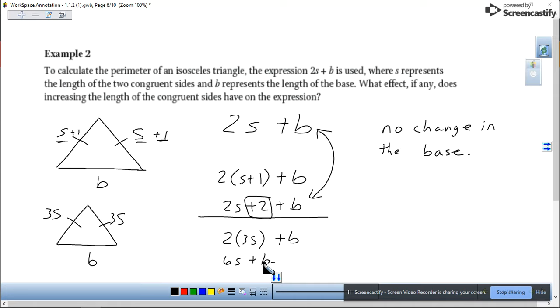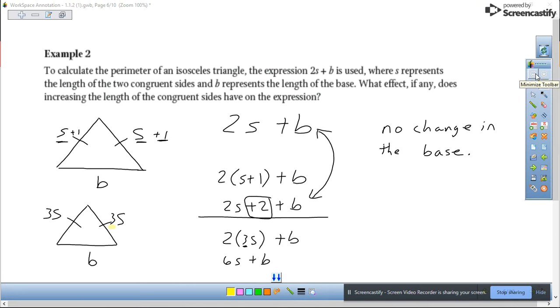How is that different from the original? The thing that changed about the side up here got doubled in the final expression.